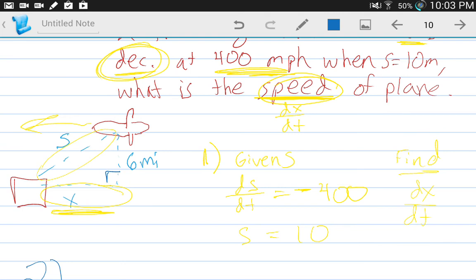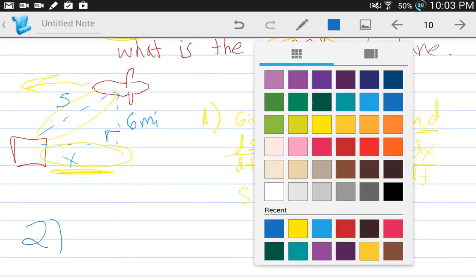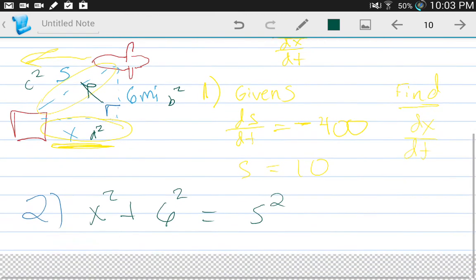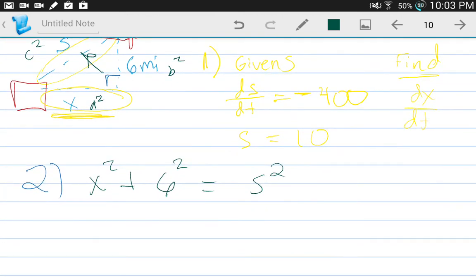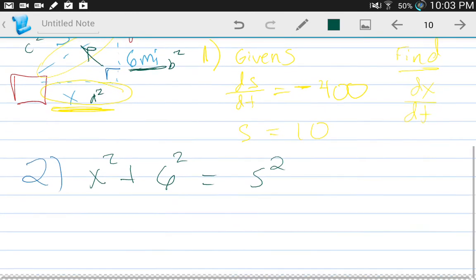So again, we're going to have to go back to geometry, and think, when we have a right triangle, we do a squared plus b squared equals c squared, which in this case would be x squared plus 6 squared equals s squared. And we can't plug in s equals 10 yet, because as the plane gets closer, s is going to change, but the 6 is always going to be 6. It's the height. It's not lowering its height.